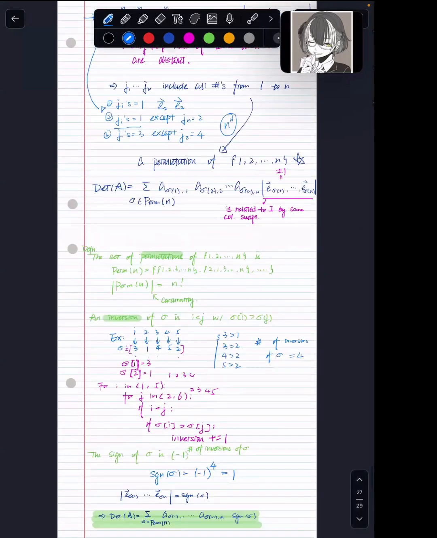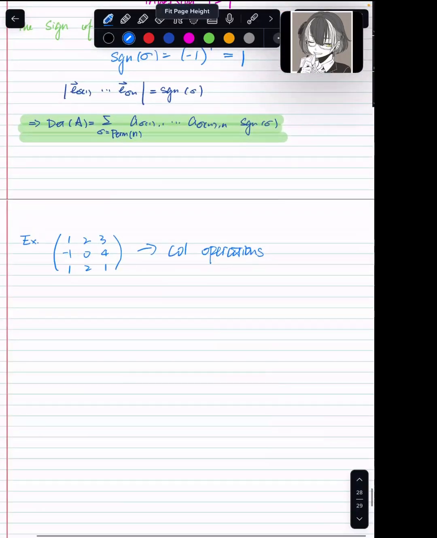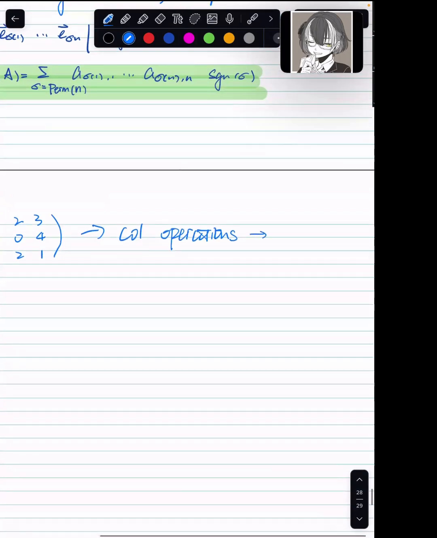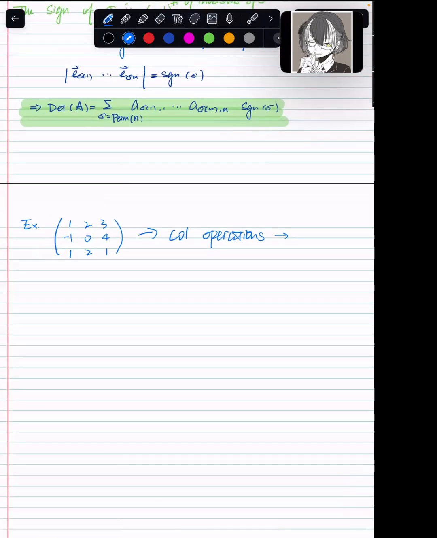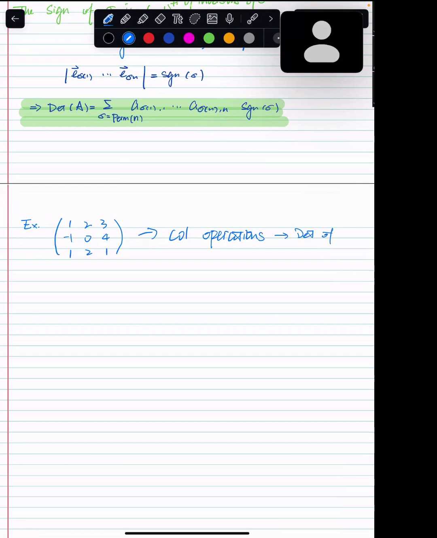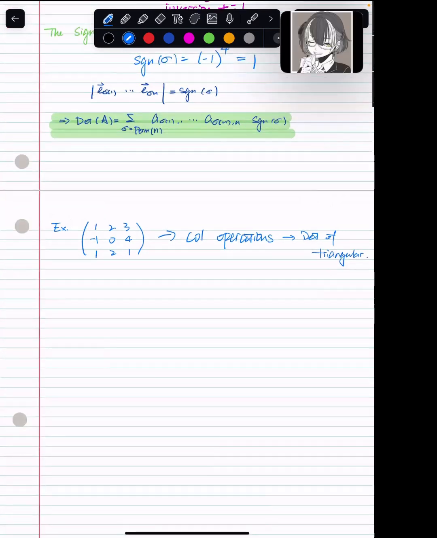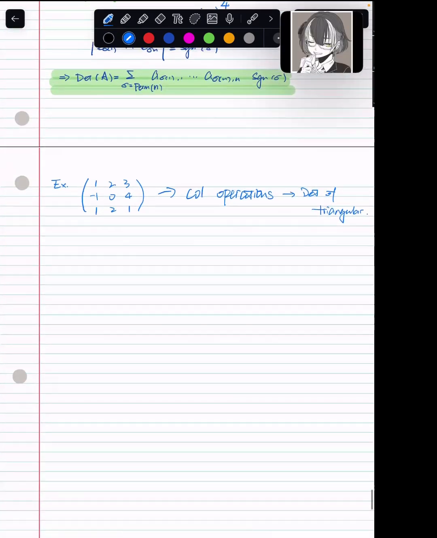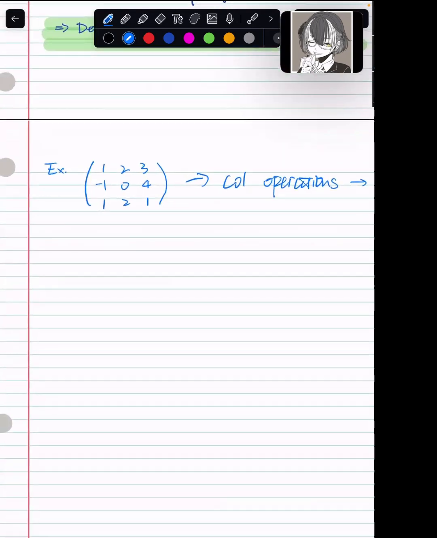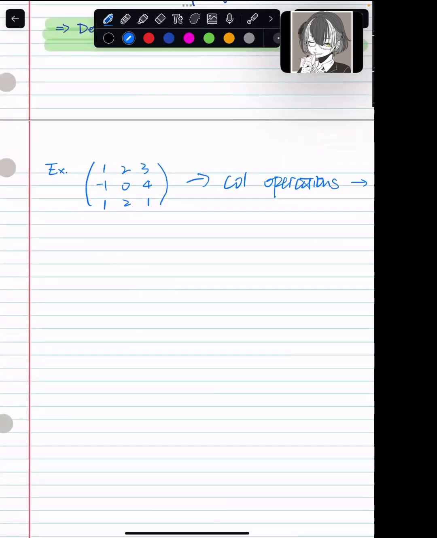After we got to a triangular matrix, we knew how to calculate the determinant. But now, with the definition of the determinant, we can find our main goal, which is finding this determinant.